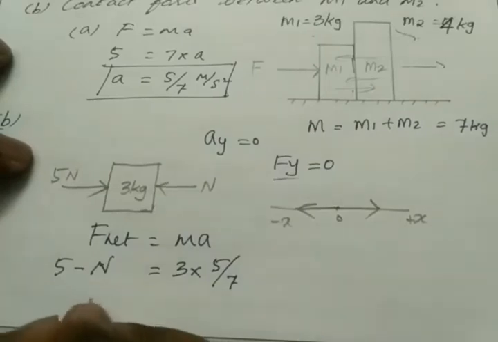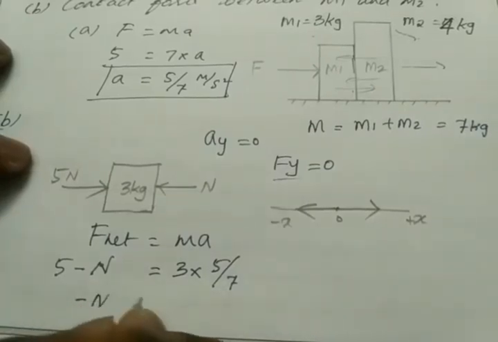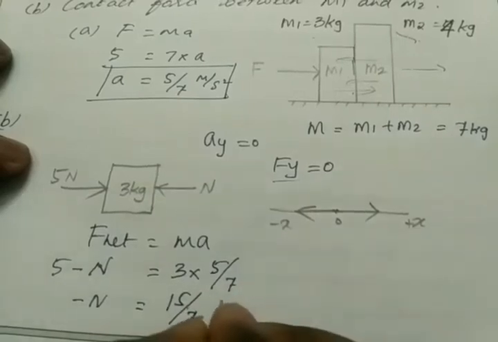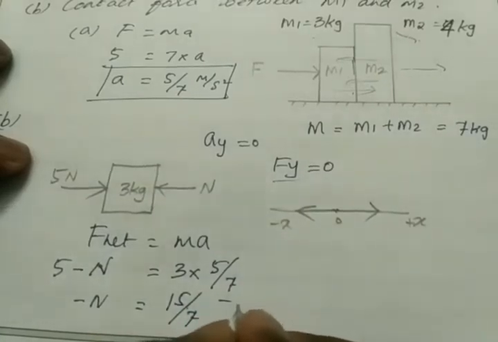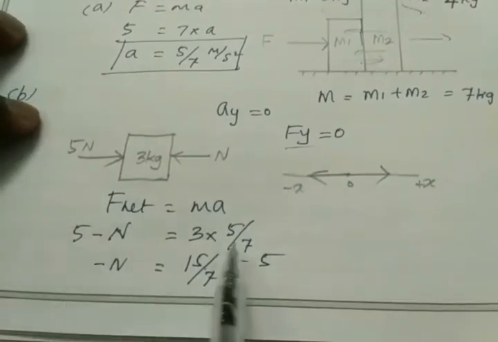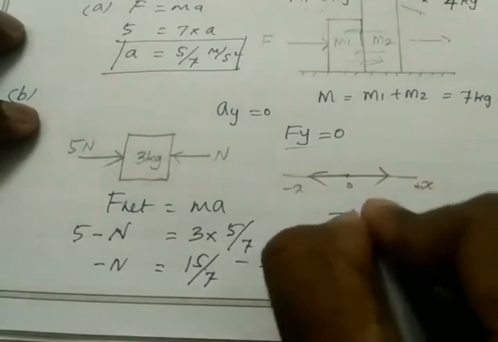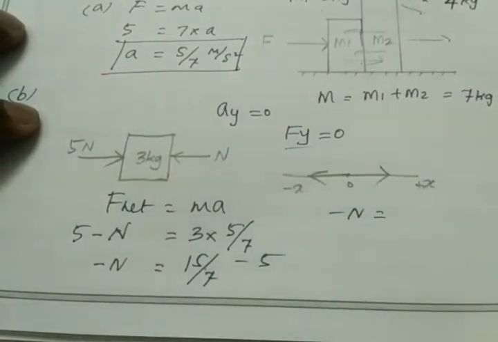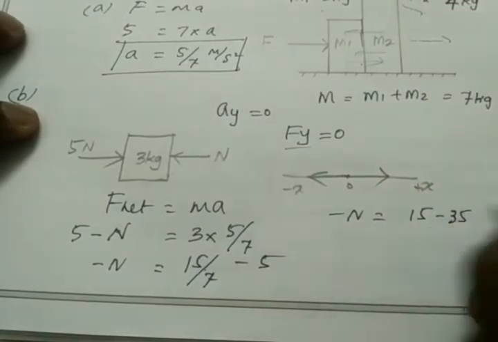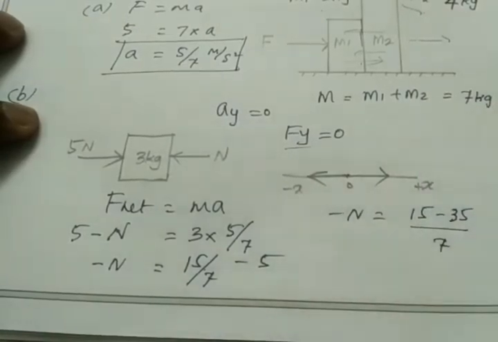So I take minus N equal to 15 by 7 minus 5. Okay, so this 5 goes to the right-hand side of the equation, so I get minus 5. If we solve this, I get minus N equal to 15 minus 35 divided by 7, right?